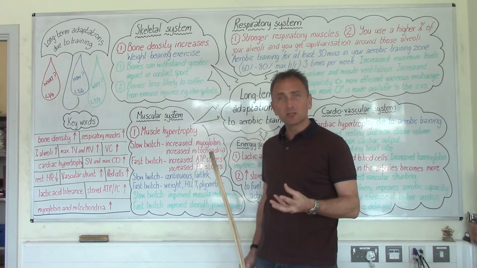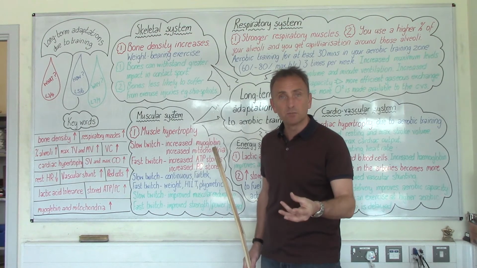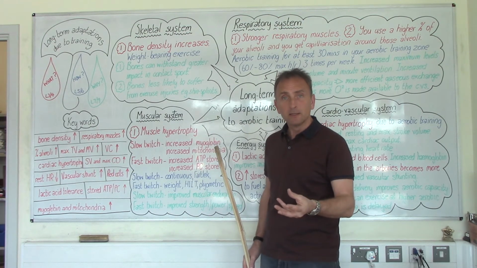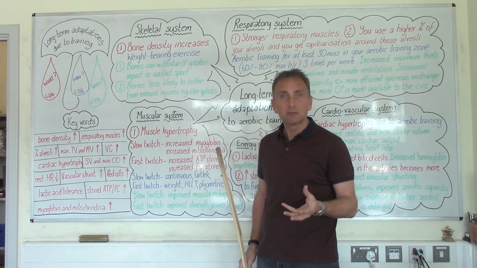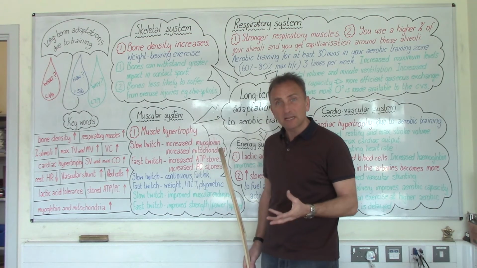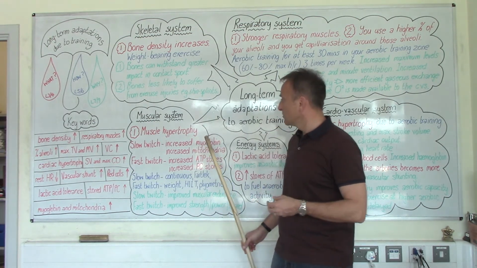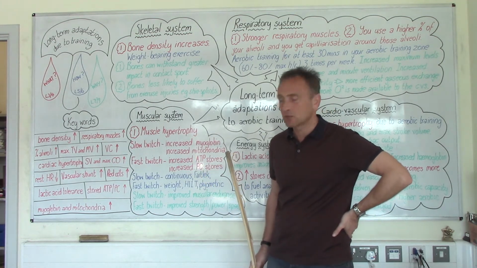Remember, myoglobin transports oxygen from hemoglobin in the red cells to the actual muscle cell, to the mitochondria. Mitochondria, remember, are the aerobic power cells of the cell. It creates aerobic energy. So, surprise, surprise, you get increased myoglobin and increased mitochondria.